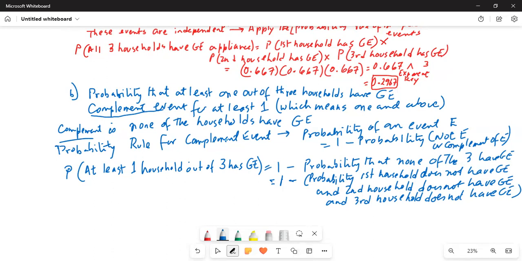So probability, and this can be looked at as probability of A and B and C, where A, B, and C are independent. Okay.